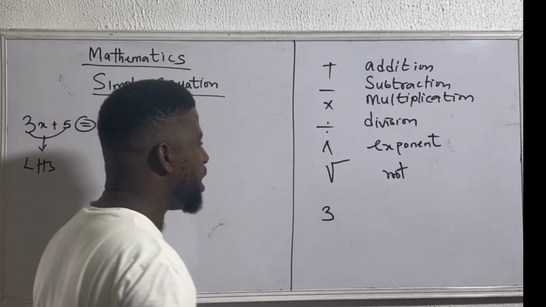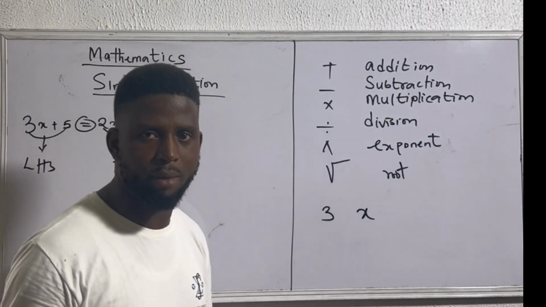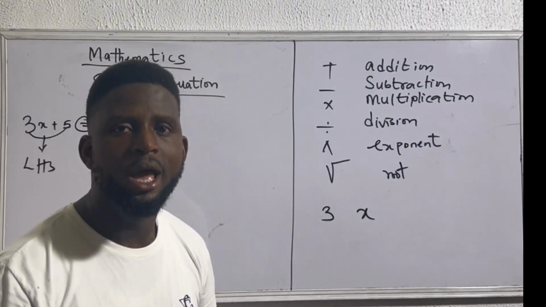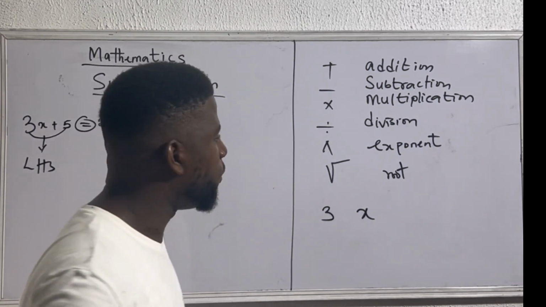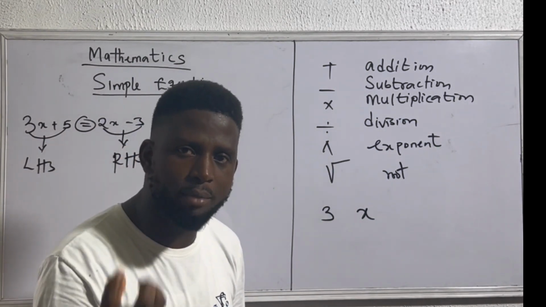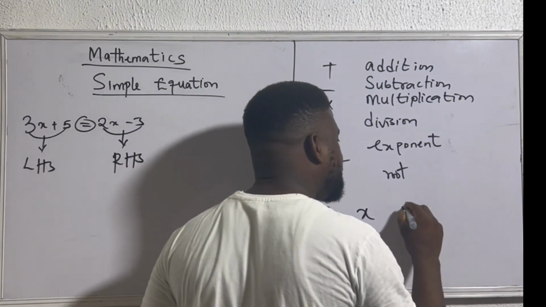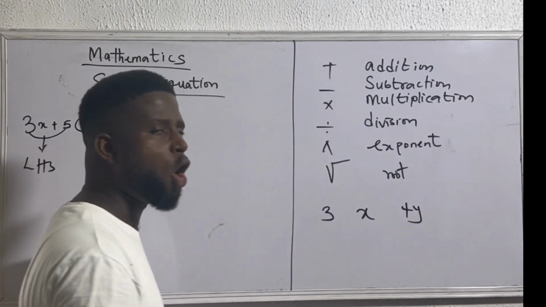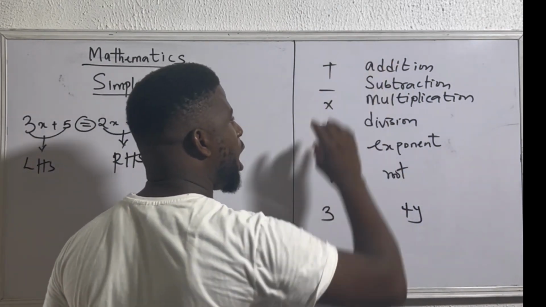And then we have also x, which is the most common variable in mathematics, but not the only variable. Any letter of the English alphabet can be a variable, right? So x is also a term in mathematics, right? The combination of a constant and a variable, say 4y for example, is also a term. So these are terms, these are operators.